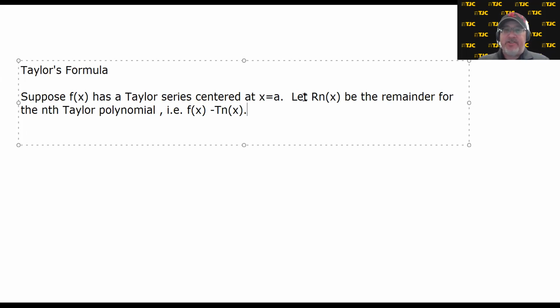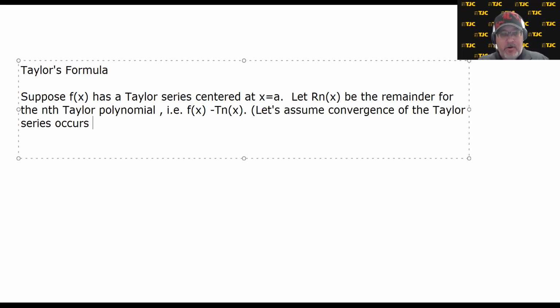And this is centered at x equals a, so let's assume that we have something for the radius of convergence. Let's assume convergence of the Taylor series occurs on (a minus r, a plus r). So we got a representation for the Taylor series. All right.